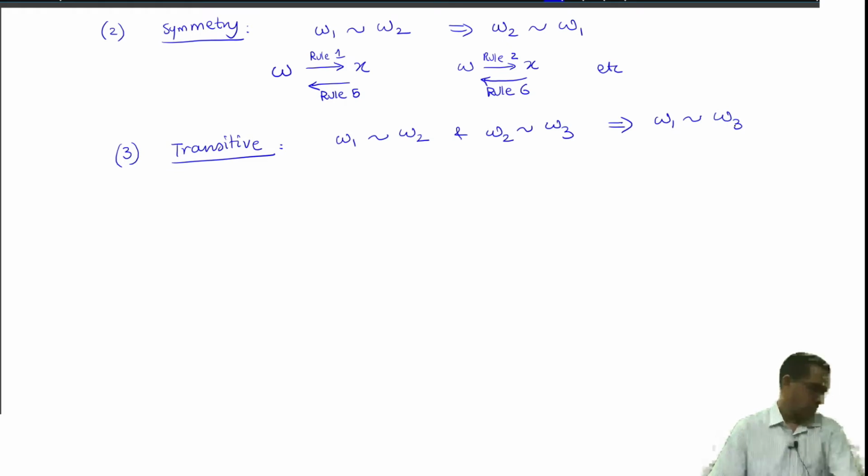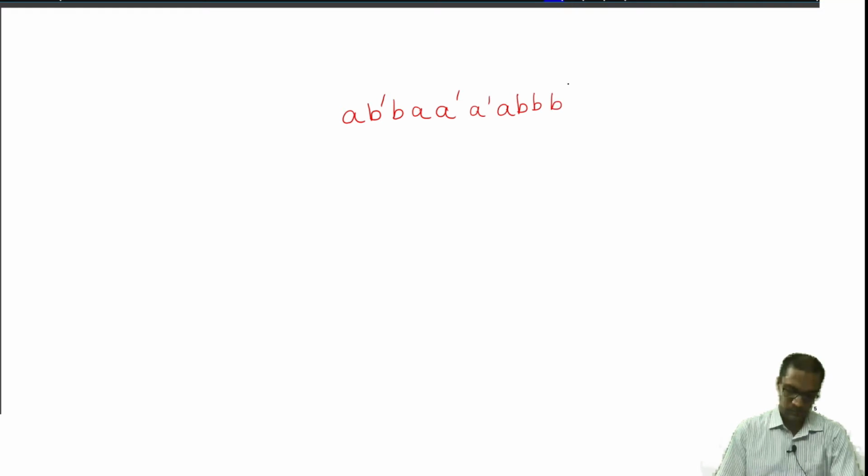Okay, so now let's maybe just do an example of applying the sequence of rewriting rules and so on. So for instance, let me start with a word that has, say, A, B prime, B. Okay, so here's a word, okay, with A's, B's, A primes and B primes in it.